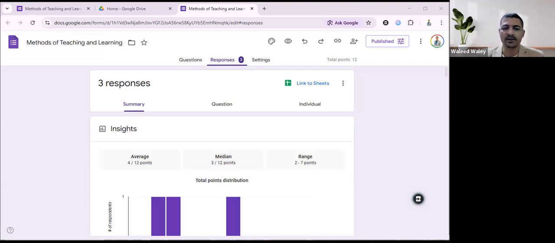This method is a classical method for Latin and Greek. People used this method in the past just to teach the students Latin and Greek. The focus was on reading, grammar, and intellectual development, and minimal attention to speaking or communication.